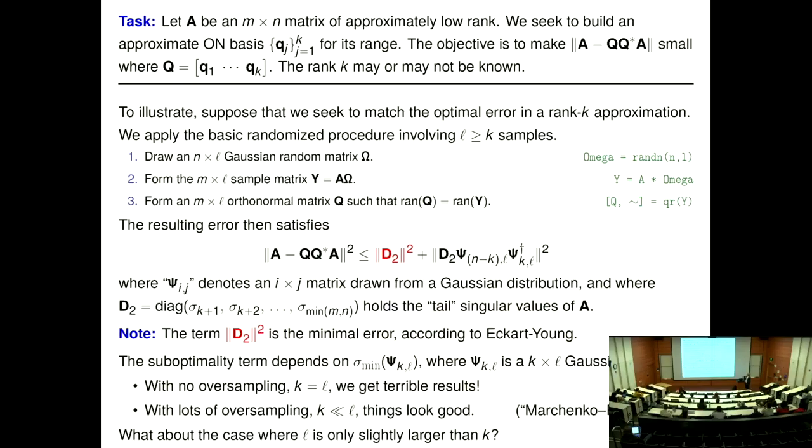On the other hand, if you do a lot of oversampling, then, as you learn in the first few weeks of a random matrix course with the Marchenko-Pastur analysis, there are universality results that rectangular random matrices tend to be fairly well conditioned. So if you oversample a lot, then this term is going to be very well behaved, and that's what you would expect, right? The interesting mathematical case, now that we know about Marchenko-Pastur, is what happens if it's almost rectangular.